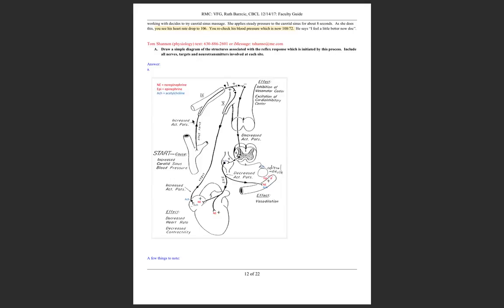For the record, you get increased potentials here with the increased pressure in the sinus. And then the reflex response is initiated, and in the vagus nerve, you get an increase in parasympathetic tone. ACH is released there, and you get a decrease in sympathetic tone. And in the ganglion, here and here, you have ACH released. And then at the nerve endings, for the sympathetic side, you have less norepinephrine released here.